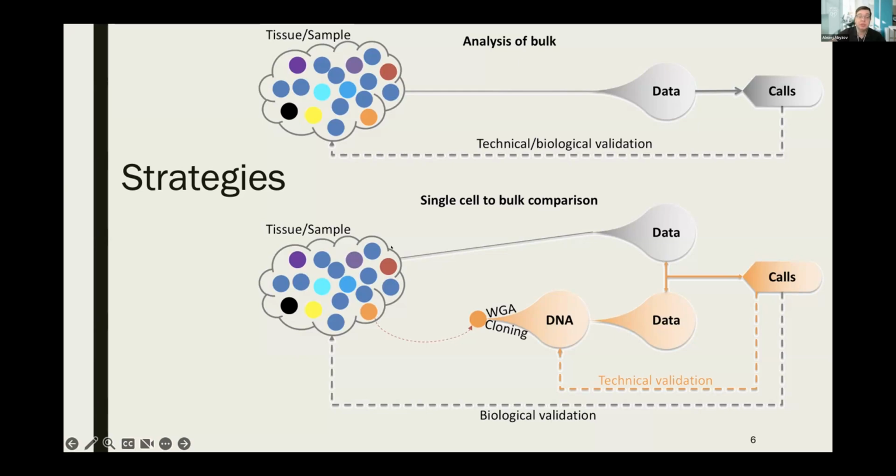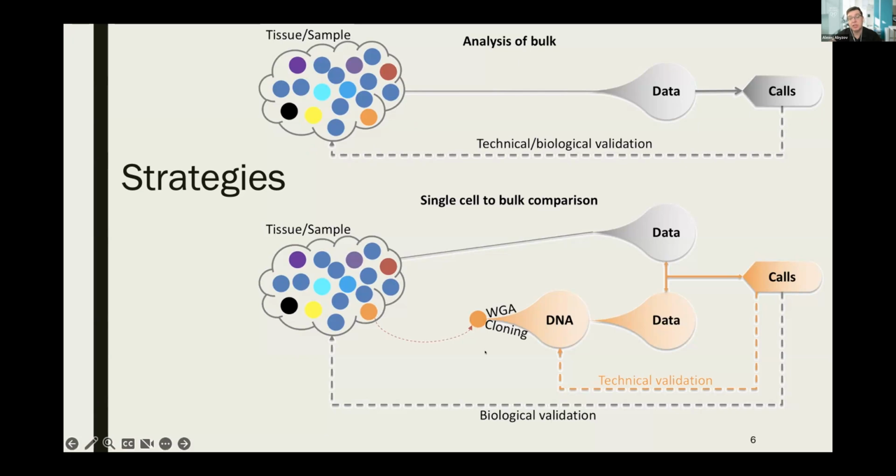Both approaches are used by different strategies, and in fact, they're complementary. When you do bulk, you can find frequent mutations, but when you do single cell analysis, in order to find frequent mutations, you need to sample a relatively large number of cells, and that becomes expensive.